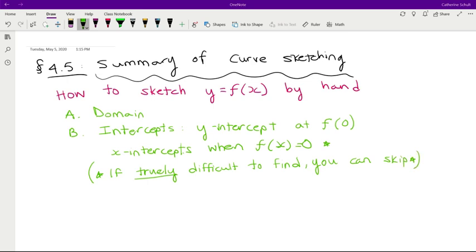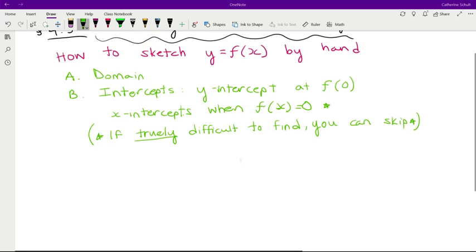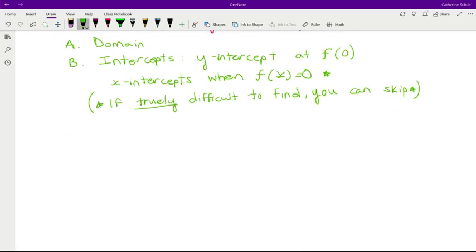Okay. The other thing with curve sketching, we can take advantage of symmetry. And we have a couple different types of symmetry. We know a function can be even or odd. If a function is even, it means when we plug in negative x, we just get back our original function, f of x. And this is called an even function.